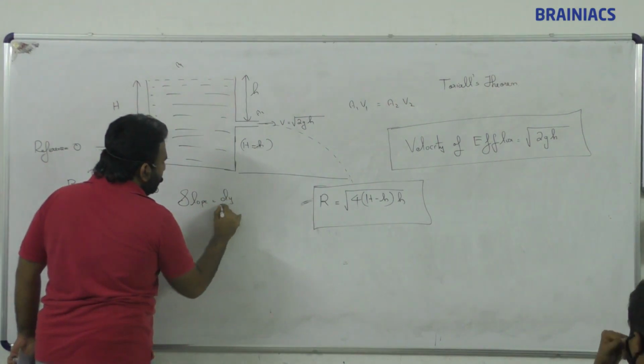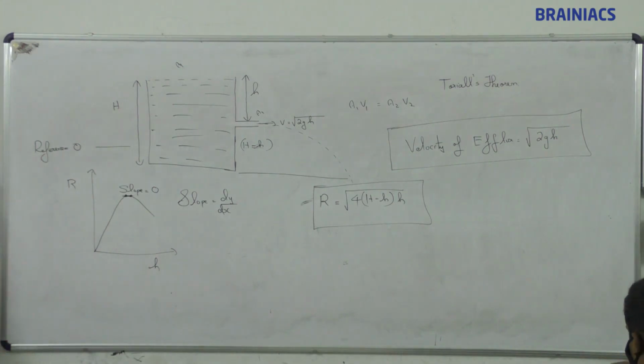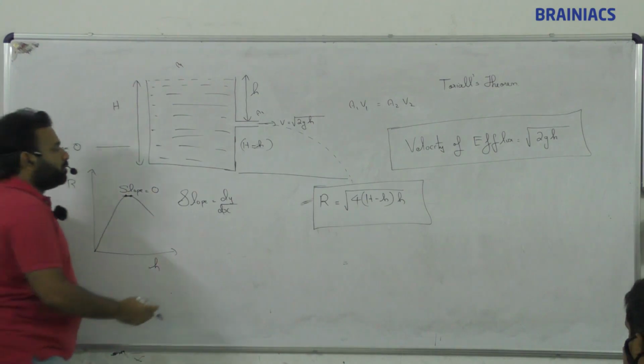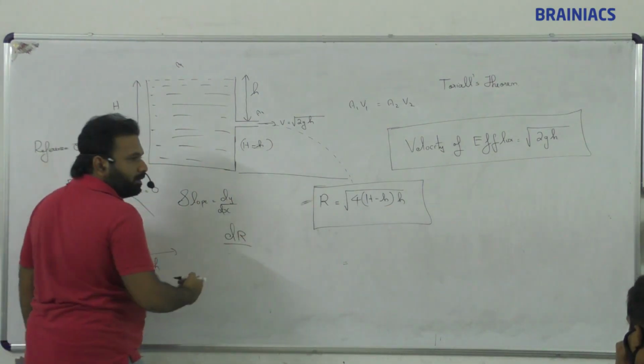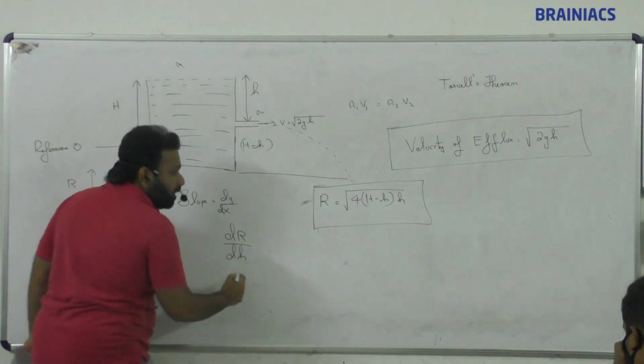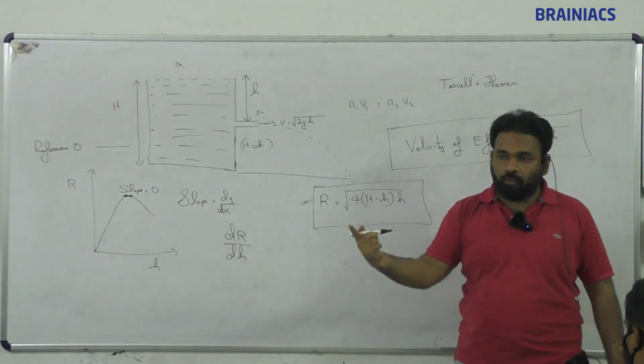We used to write it like this also, dy by dx, which is nothing but slope. So suppose we differentiate dr with respect to dh, this value will become 0.